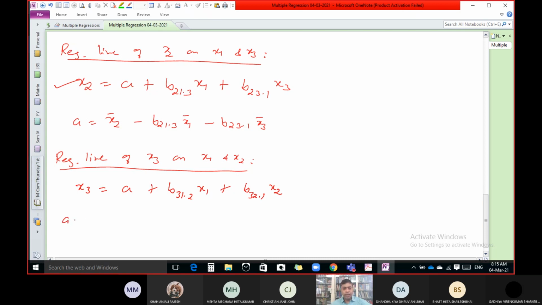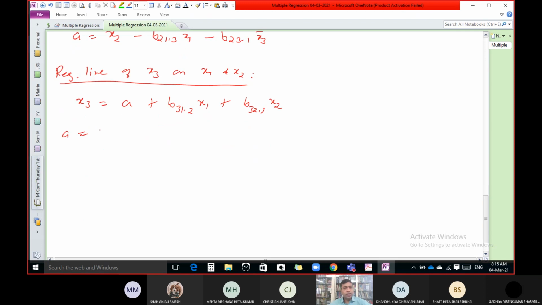And to calculate a, it is x3 bar minus b31.2 x1 bar minus b32.1 x2 bar. Now the question is how to calculate this b31.2 and b32.1.